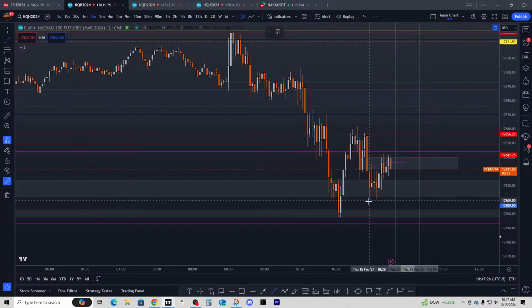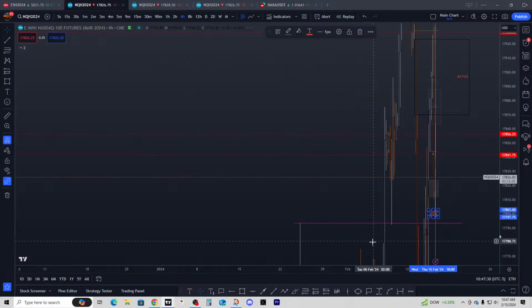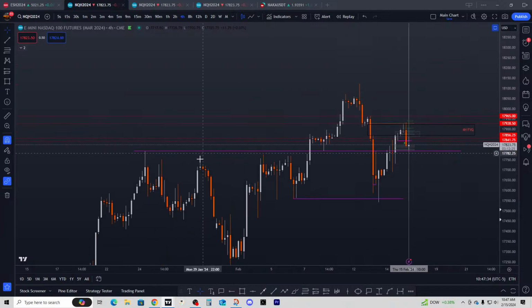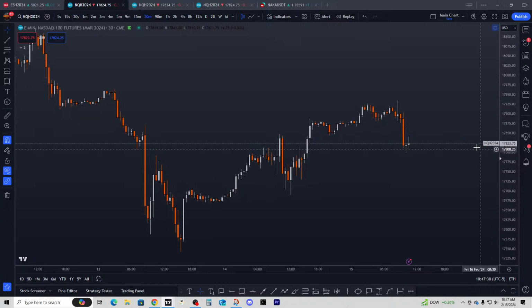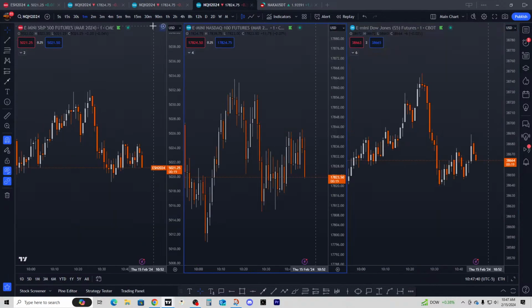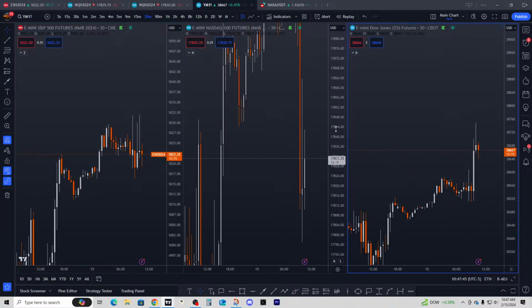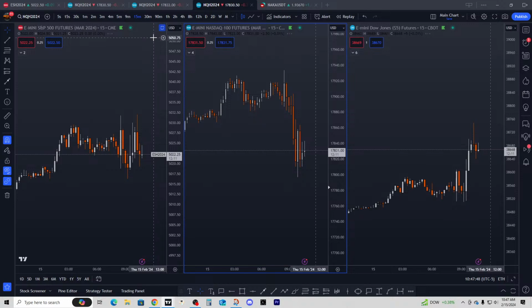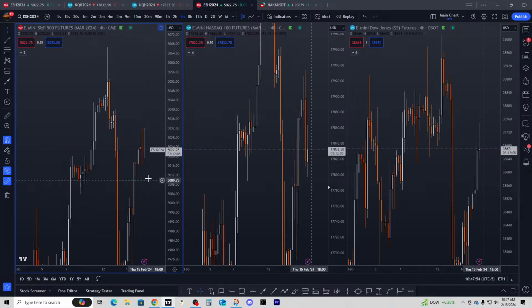So we got these equal lows down here. So we're coming down below this low in the 30 minute in both of those. But we're not here. It's the 4 hour.